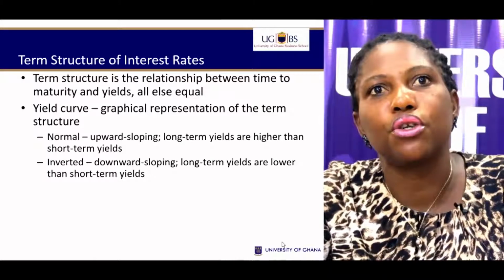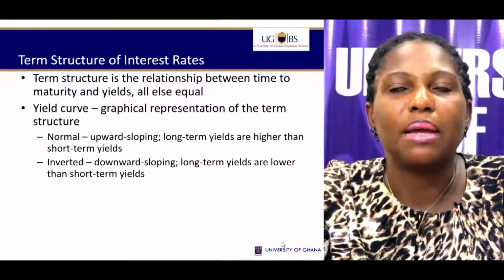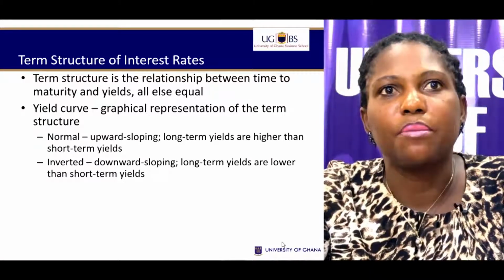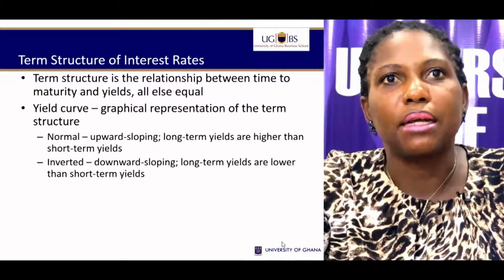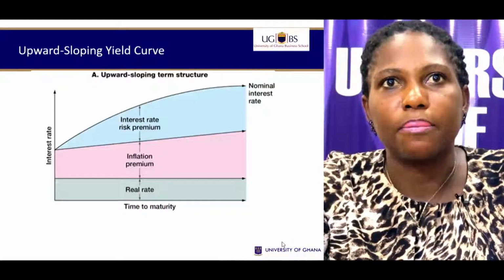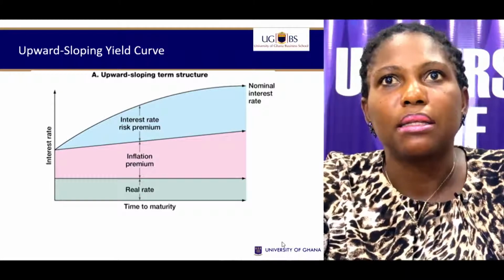Now, in some cases, you can have downward sloping curves where longer term yields are lower than shorter term yields. Now, this could be a reflection of market dynamics that are worth studying. So this is the typical case for an upward sloping term structure.